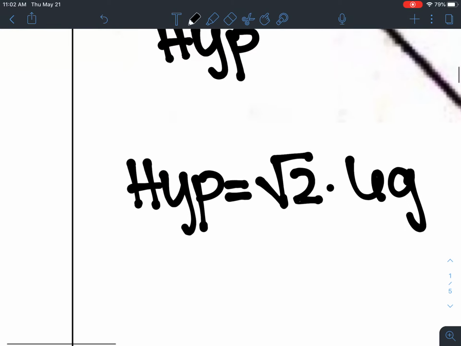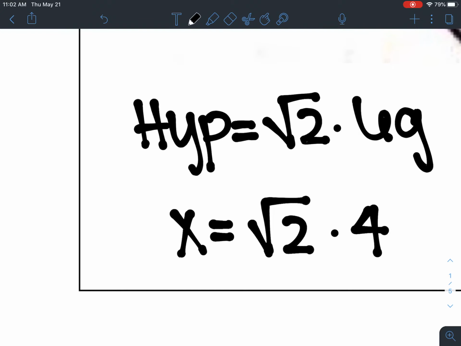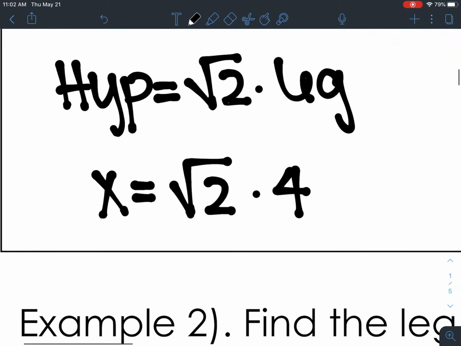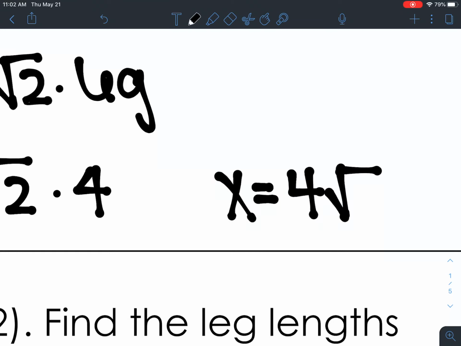Our hypotenuse is x, so I'm going to plug in x for my hypotenuse, equal to the square root of 2 times 4. I don't love the way that looks with the 4 in the back, so I'm going to rearrange it, and my final answer is x is equal to 4 times the square root of 2. And that's your final answer.